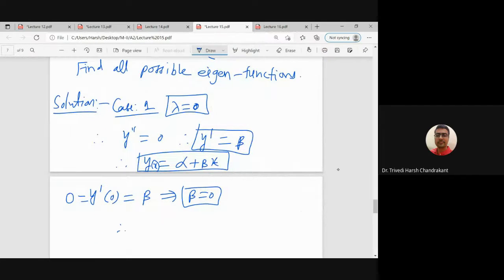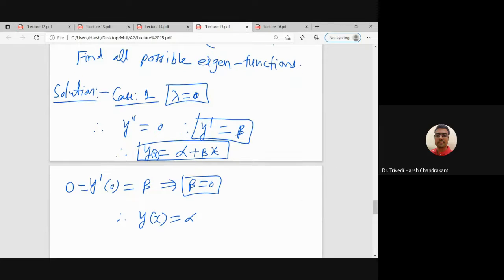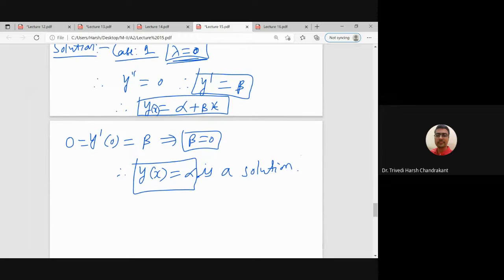So that means the solution is y(x) is equals to alpha, right? And so if you take alpha non-zero, the corresponding function is a solution. Yeah, so corresponding to eigenvalue, we are looking for non-zero solution, right? So depending on alpha is 0 or not, we will get the non-zero value of y.